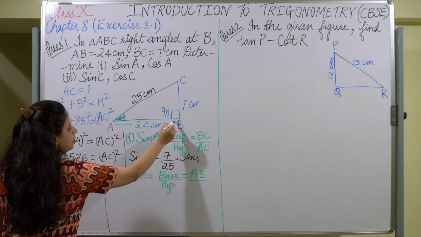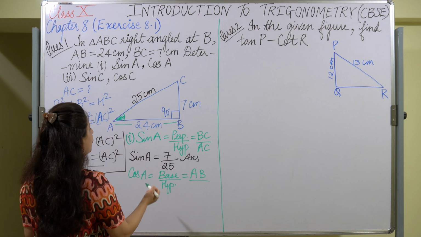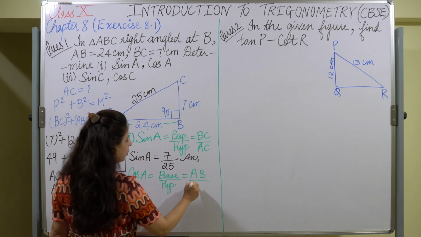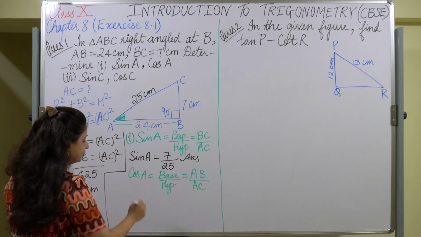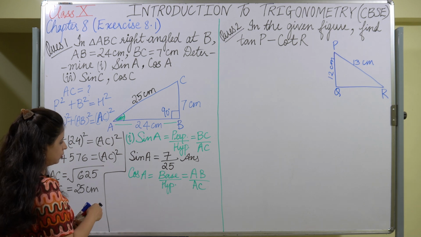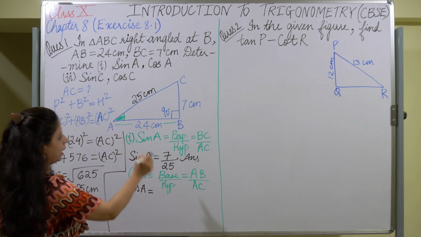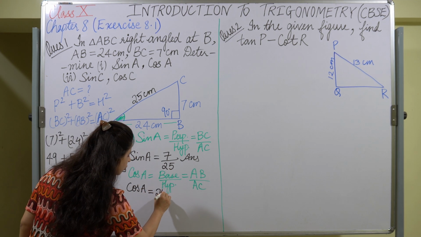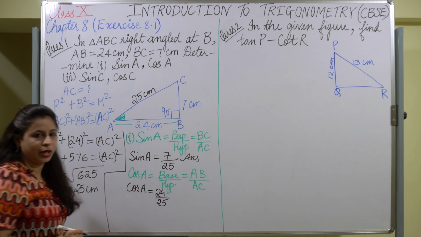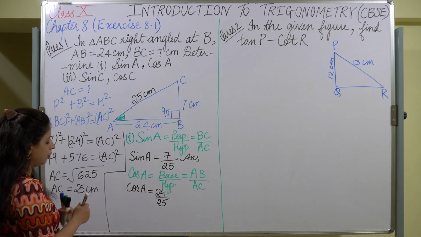This side is AB, the adjacent side, so it will be base. And hypotenuse is the longest side, that is AC. So cos A will be equal to AB value 24, and AC we have already found out, 25. Here we finish our first part.